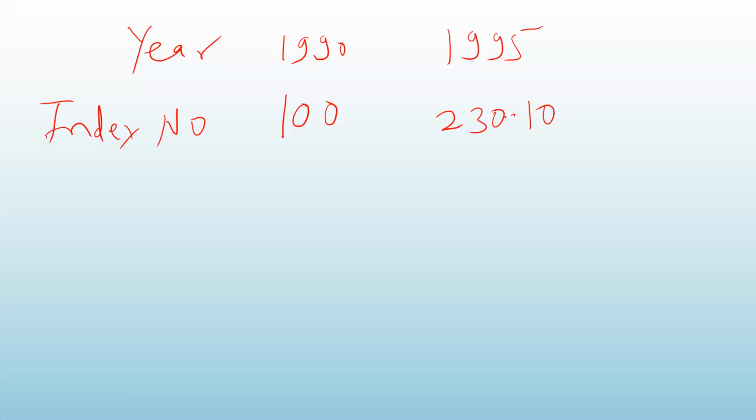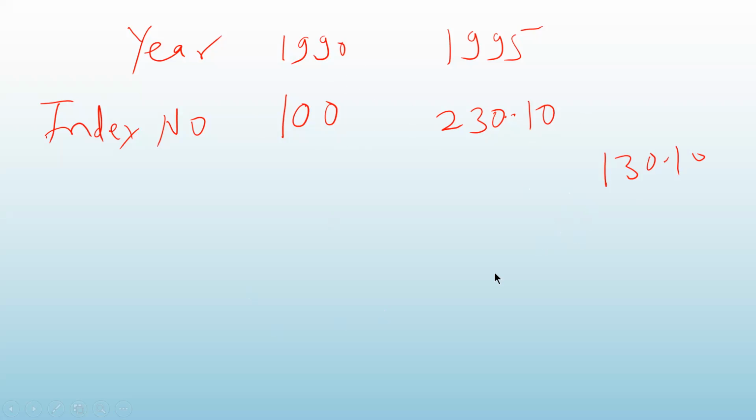That means prices have gone how much percentage high? 130.10. तो जिस चीज को खरीदने में आपको 100 रुपए लगते थे 1990 में, अब उसी चीज को खरीदने के लिए आपको कितना देना पड़ रहा है? 230.10. So that means the prices have gone more than double. 100 से 200 से भी ज्यादा हो गया है, 230.10 हो गया है.